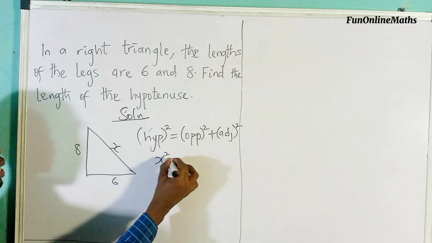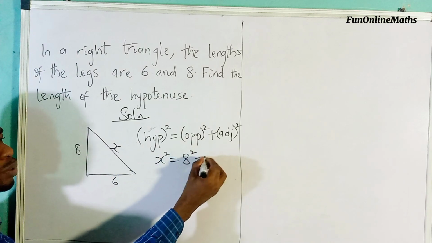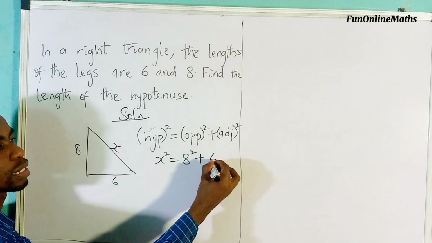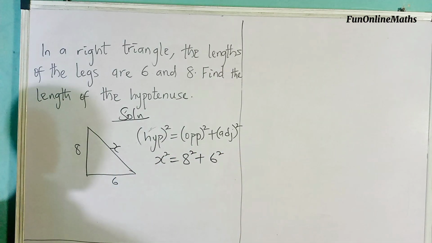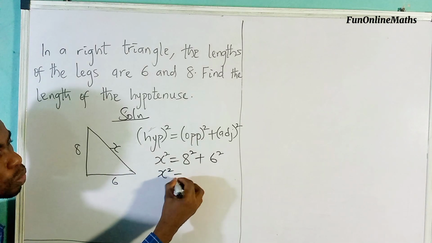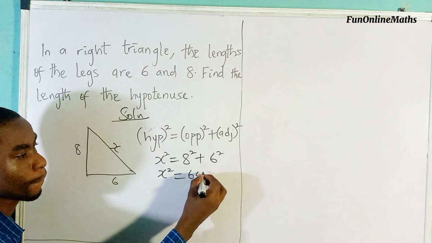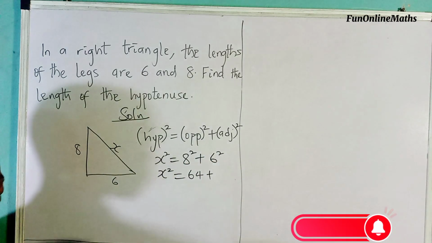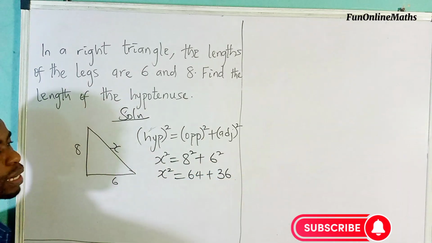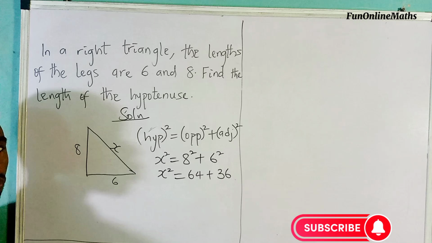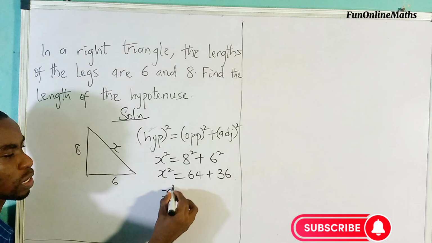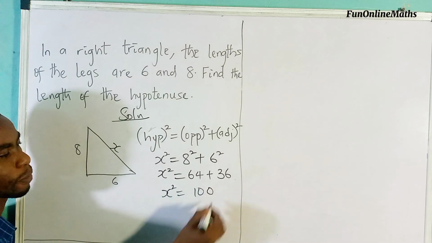So I can say 8 is opposite, 8 squared, and then adjacent is 6 squared. So x squared is equal to 8 squared, which is 64, plus 6 squared, which is 36. Now 64 plus 36 is 100. So x squared is equal to 100.